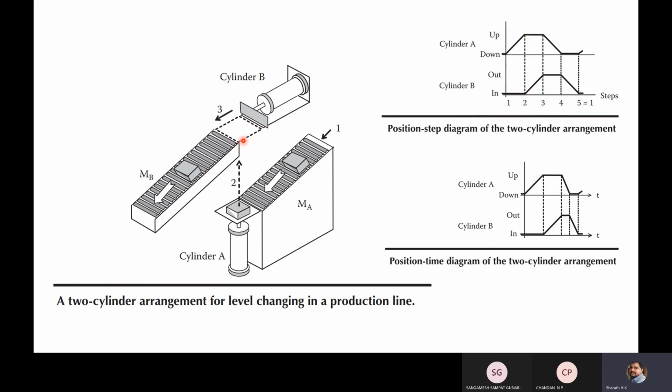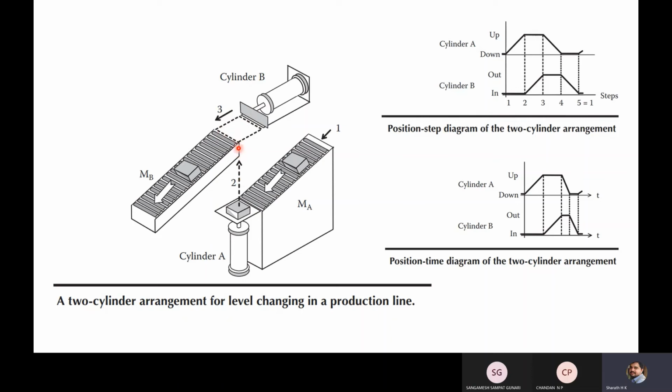After that, this will be in extended position. Next, this will come down. Cylinder A will have retraction stroke, represented by this line. It will come from up to down, from extended position to retracted position. Whereas this will be in extended position only, it will be out only.